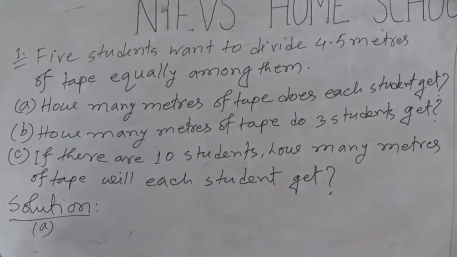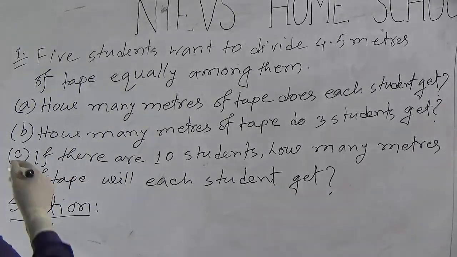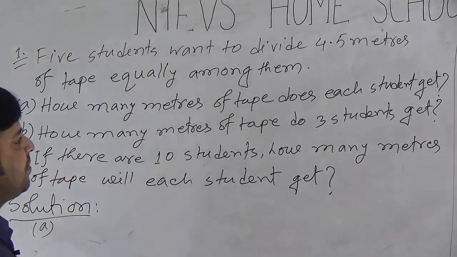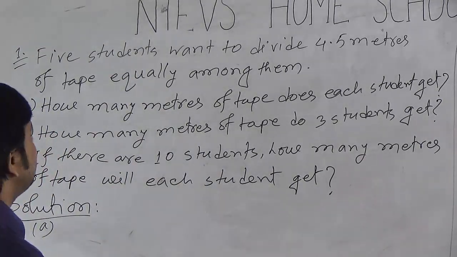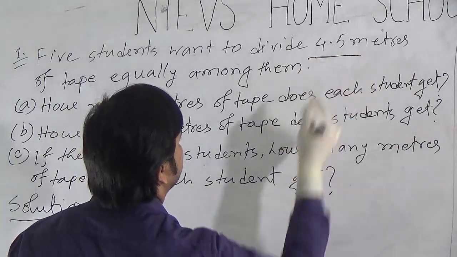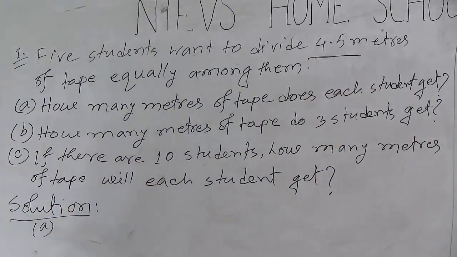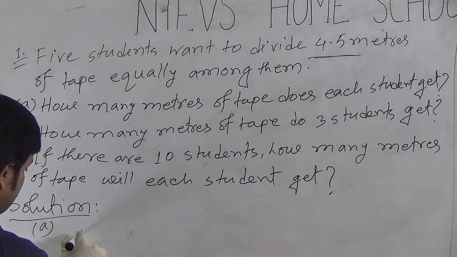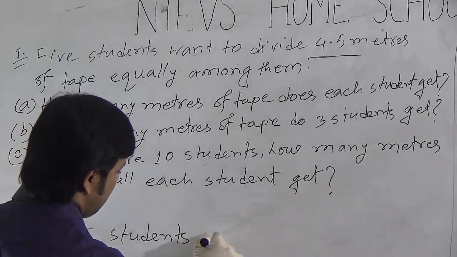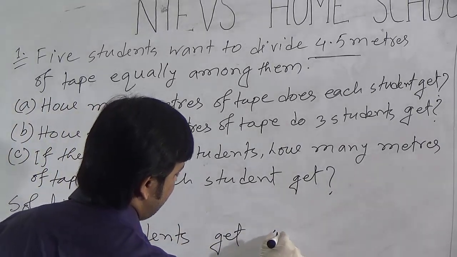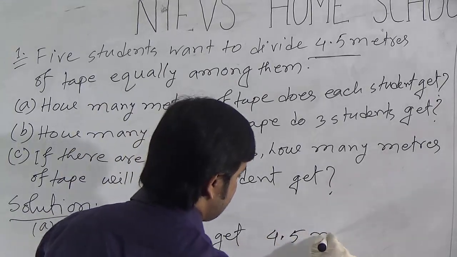Let us start the solution of the first question. Question A, how many meters of tape does each student get? It means that 5 students get 4.5 meters of tape. So if we divide the total amount of tape by 5, we will get the amount of tape for each student. So we have to write here: 5 students get 4.5 meters of tape.